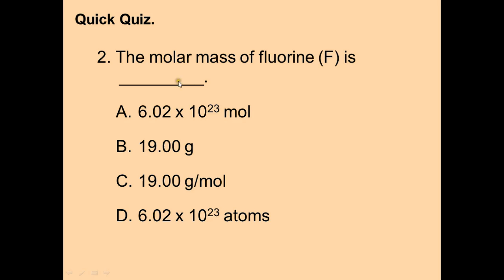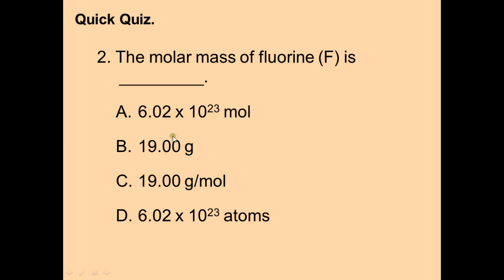And what is the molar mass of fluorine? So A says 6.02 times 10 to the 23rd moles. B is 19 grams, C is 19 grams per mole, and D is 6.02 times 10 to the 23rd atoms. You can eliminate A and D because they just describe a mole.